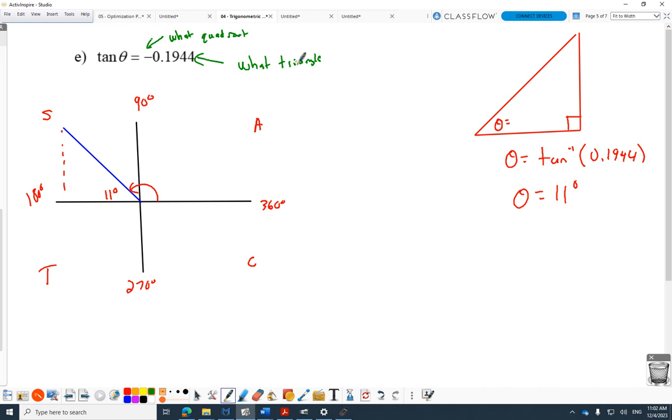Negatives is for when I'm drawing on here. Then I go over here and I go, okay, now theta is 180 subtract 11 degrees. What was it? 169 degrees. Settle down. It's okay. It's going to be okay. It's just another number, all right?